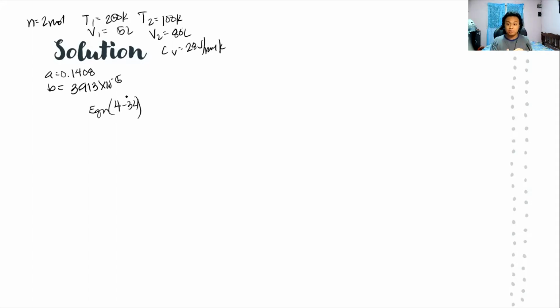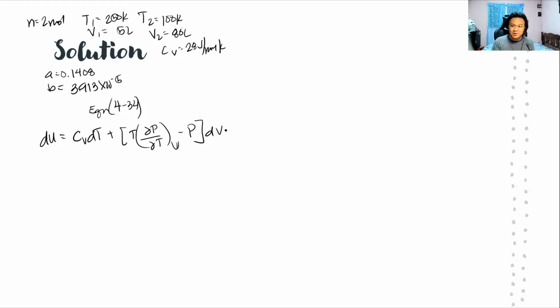It's actually in a table, so that's the first form of the first law of thermodynamics that we will be using. It's in the differential form, so don't freak out. dU is equal to Cv dT. That's the form of the differential equation that we will be using.